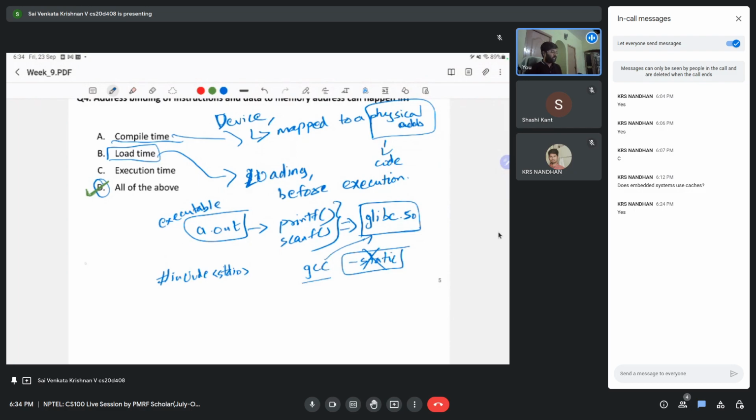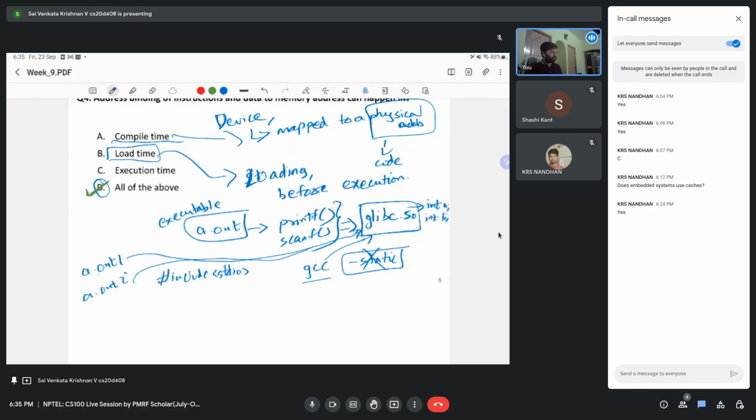Now say you have multiple executables, a.out 1, a.out 2, all these would be utilizing just one copy of this glibc library. And within this library itself there will be some variables, global variables and local variables like int a, int b.